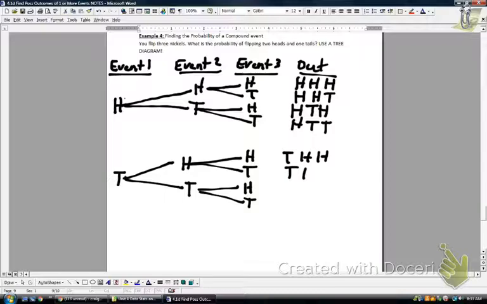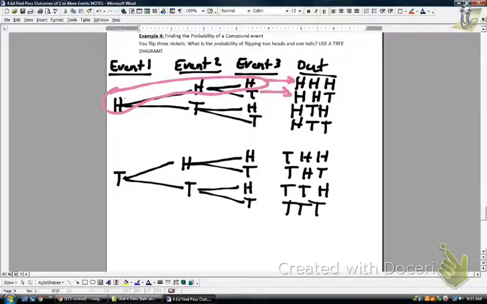Tails, heads, tails. Tails, tails, heads, and then 3 tails. So notice how I'll just circle what I've done so you can see it. So like for my first one, I read it that way. And then you just keep going until you get your outcomes.